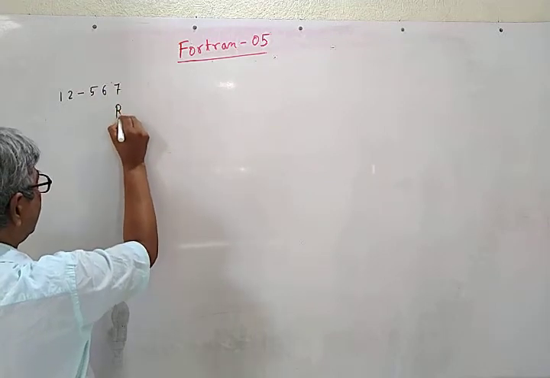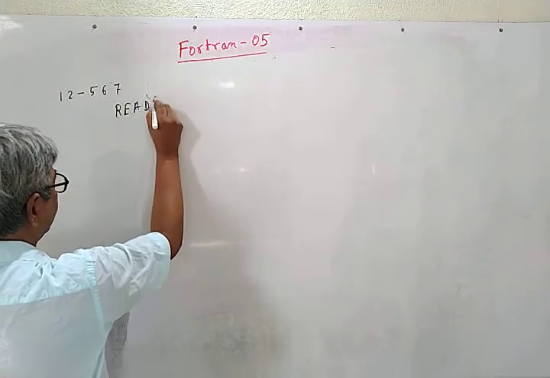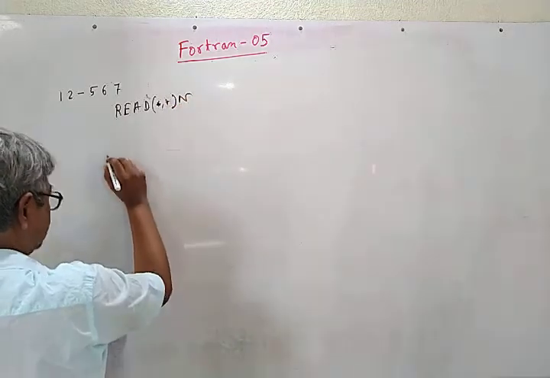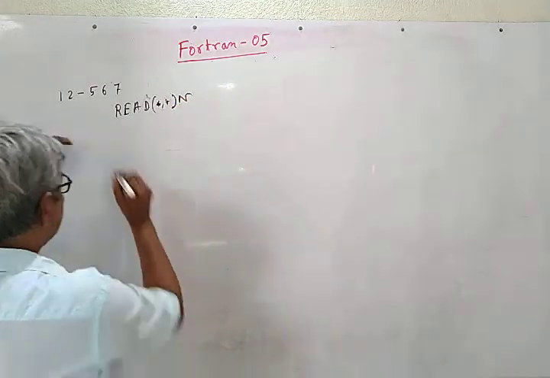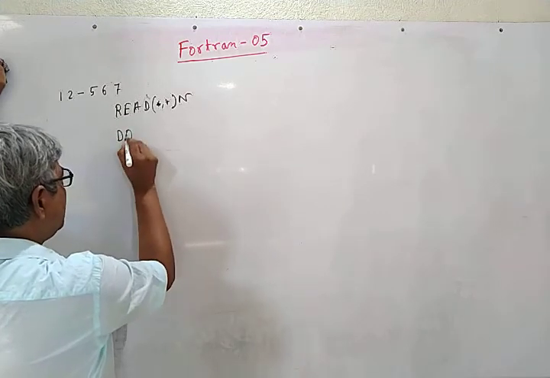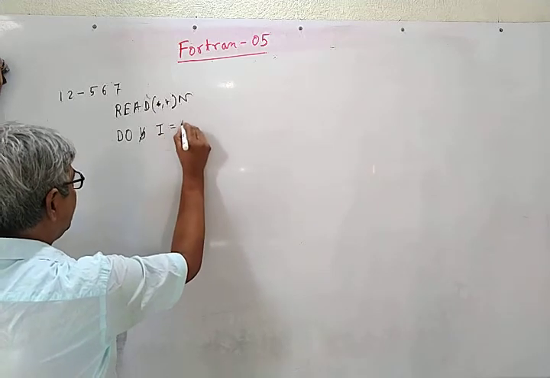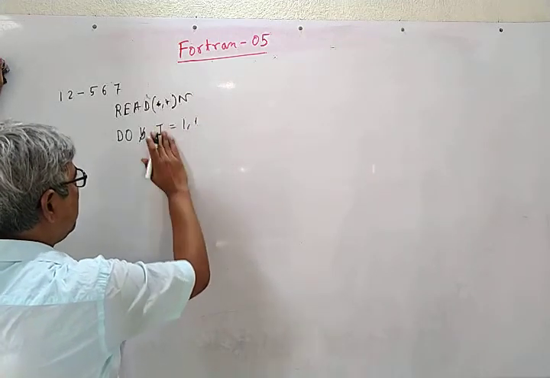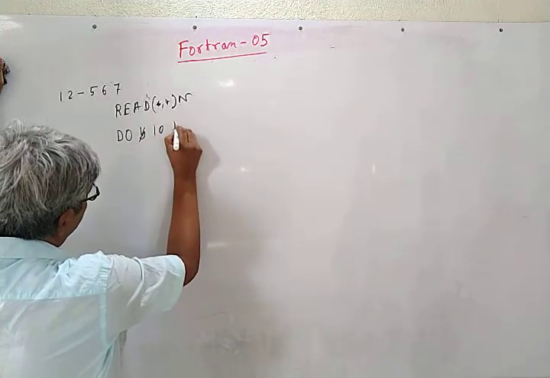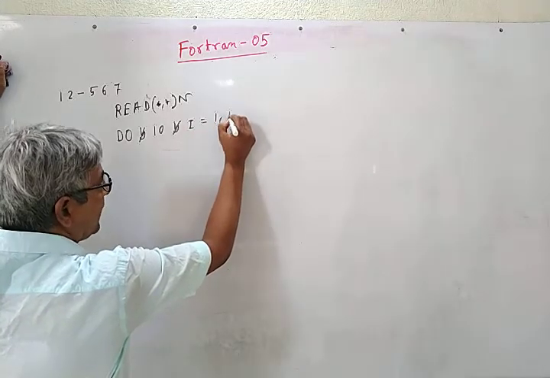The Fortran programming starts. First thing, read n, the number of data. Then we write. Let me first write, then I will explain. Do 10, I is equal to 1 comma n.